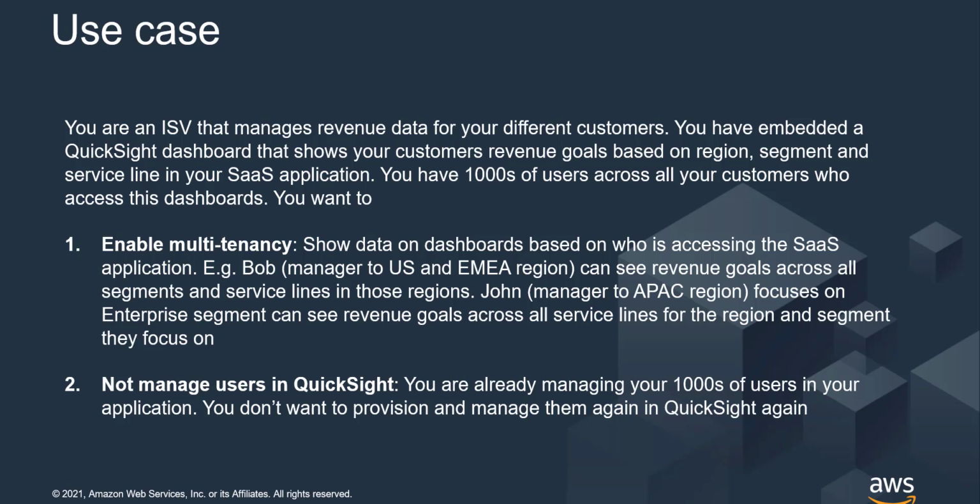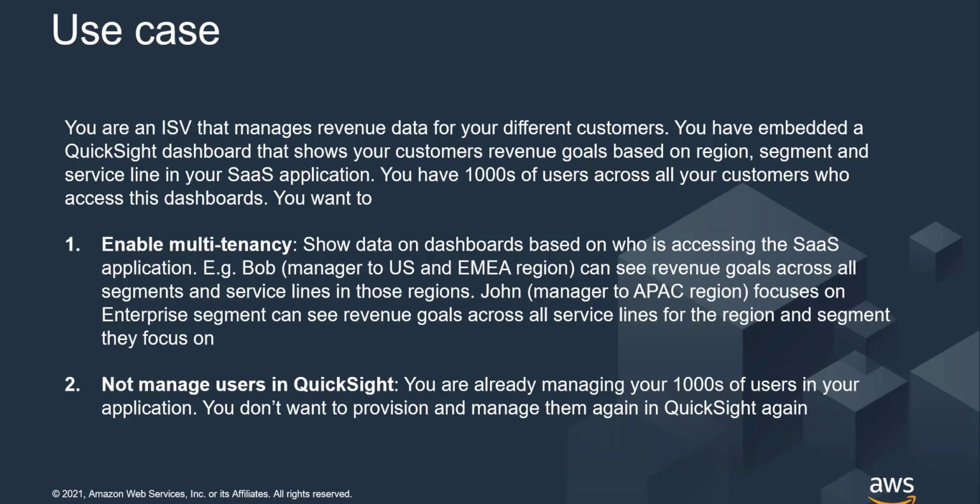And the way you do that is you have embedded a QuickSight dashboard into your SaaS application for all your customers who have thousands of users. And you want to show data to these users when they come to access this embedded dashboard in your SaaS application. Now, you want to make sure that you are enabling multi-tenancy when users are accessing this dashboard.